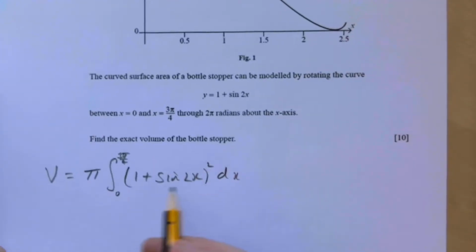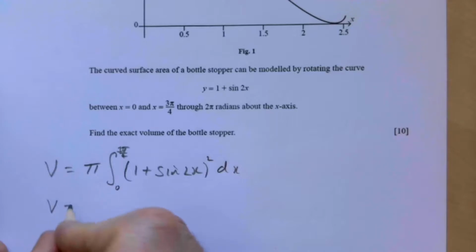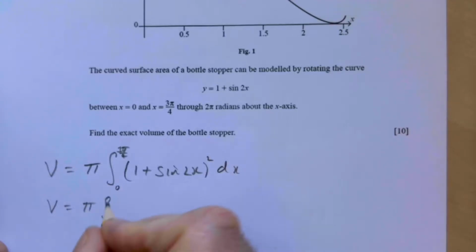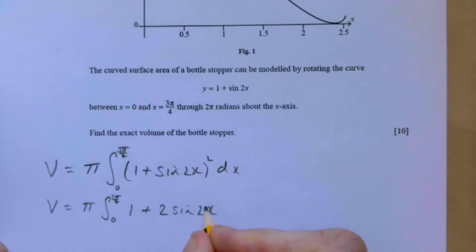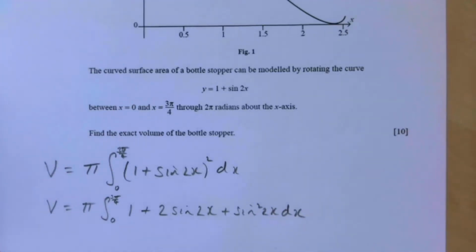So we need to multiply this out, and we're going to use FOIL then to multiply it out. So volume is pi, 3 pi over 4 and 0. We're going to get 1 plus 2 sine 2x plus sine squared 2x dx.